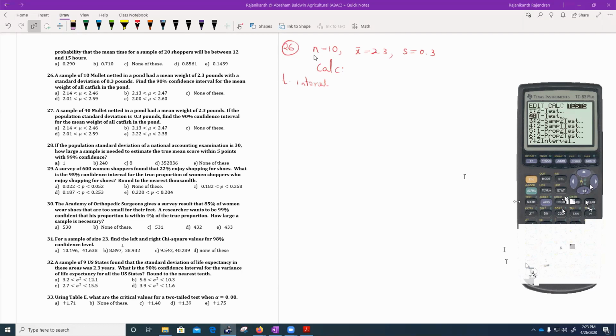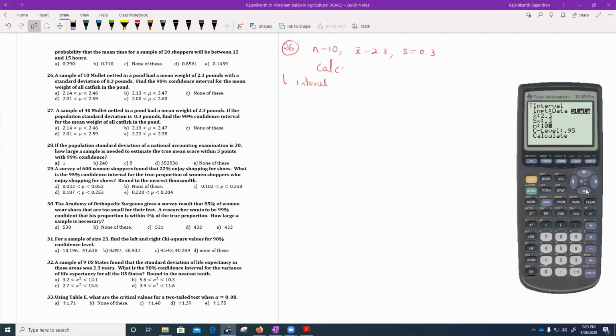I need T interval, number 8. Okay, so we are going to enter our data values now. X bar is 2.3, the standard deviation is 0.3, and the sample size is 10. And what is my level of confidence for this problem? 0.9. So then calculate.